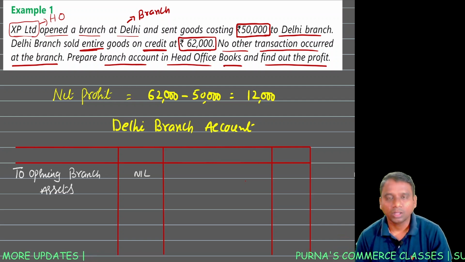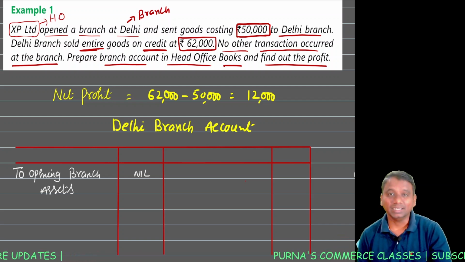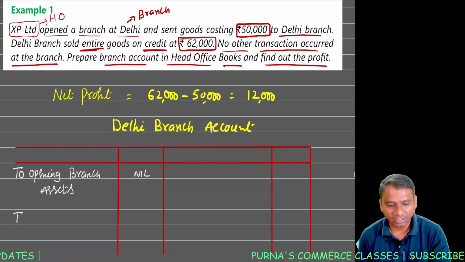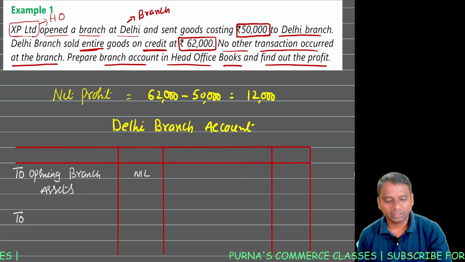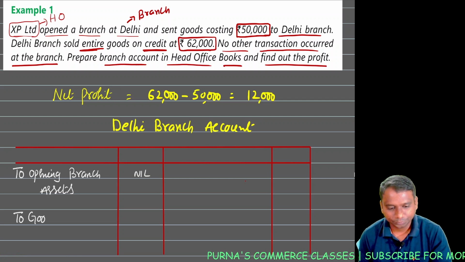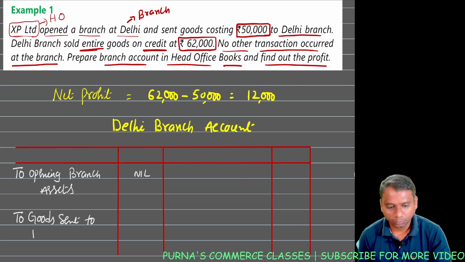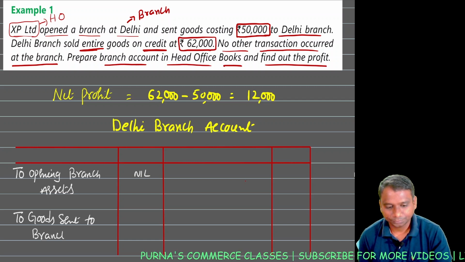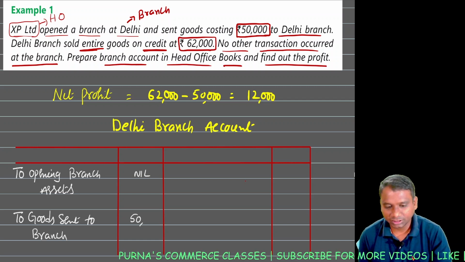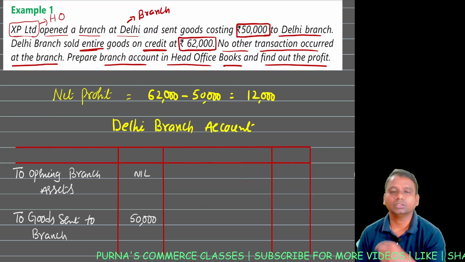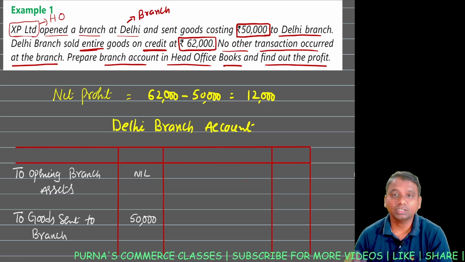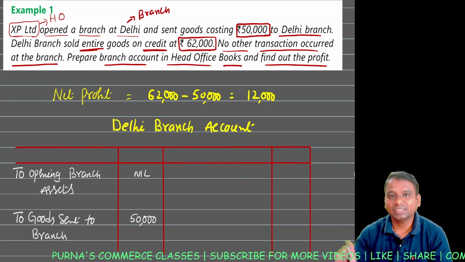We don't have those either. Next, goods sent by the head office. So what is the entry? Branch account debit to goods sent to branch. How much worth of goods did we send? 50,000. Next transaction: have you sent any amount?